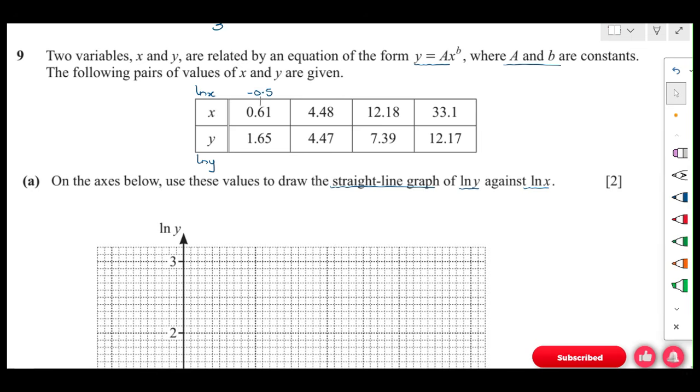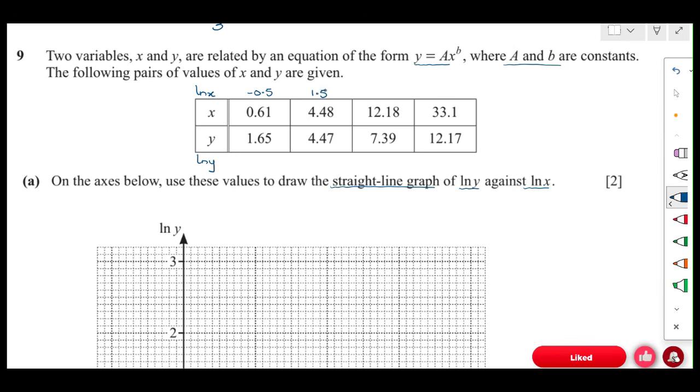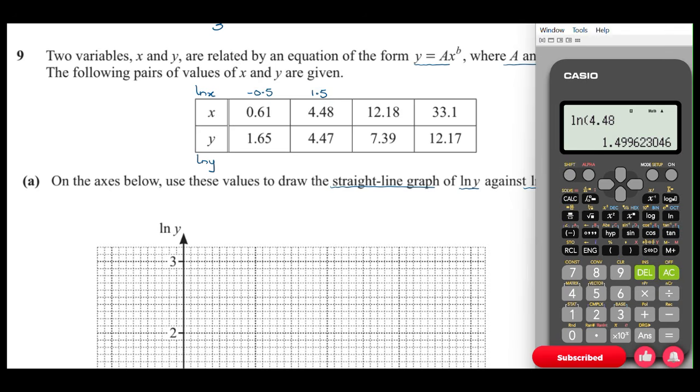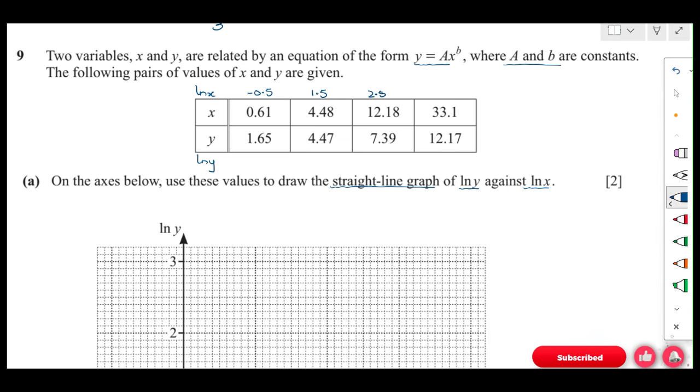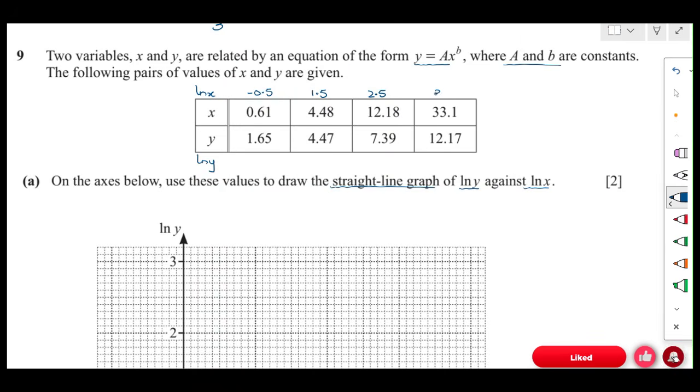Natural log of 4.48 is 1.49, about 1.5. Natural log of 12.18 is 2.49, about 2.5. Natural log of 33.1 is 3.5 rounded. So we have done with natural log of x.